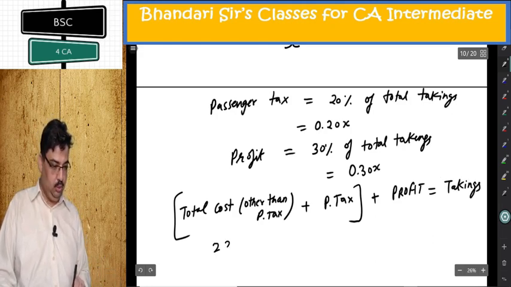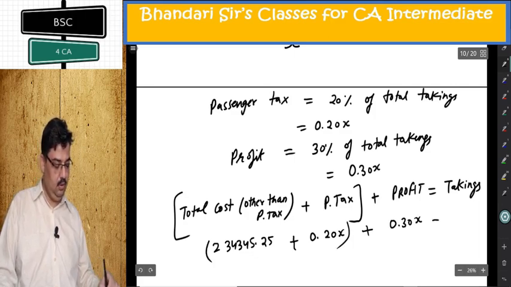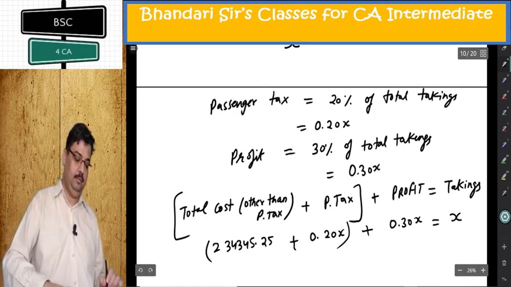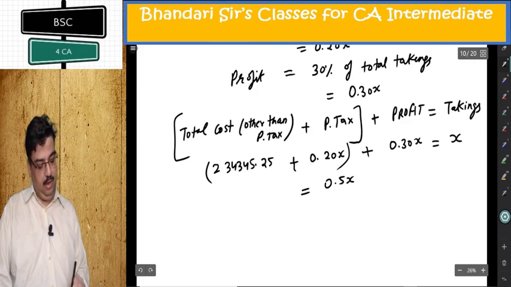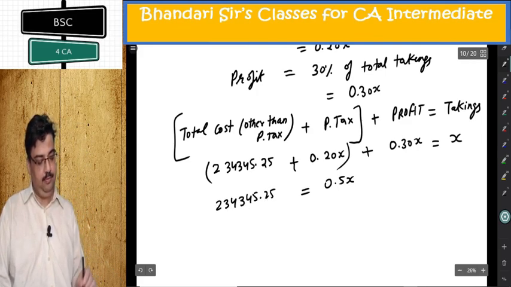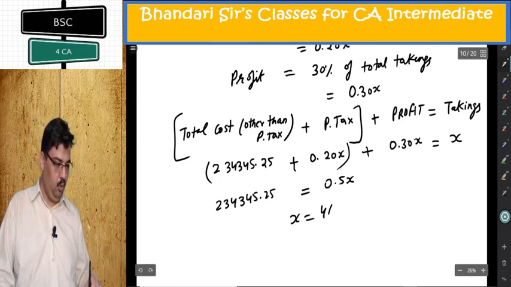Total cost was 234,345.25 plus 0.20x plus 0.30x should be equal to x. Let's solve it. 0.5x is equal to 234,345.25. So x is 468,690.50.